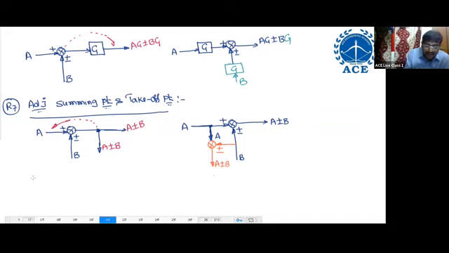So the other way. For example, A, summing point, plus R minus B, and here take-up point. Shift this take-up point after the summing point. Draw the equivalent block diagram.